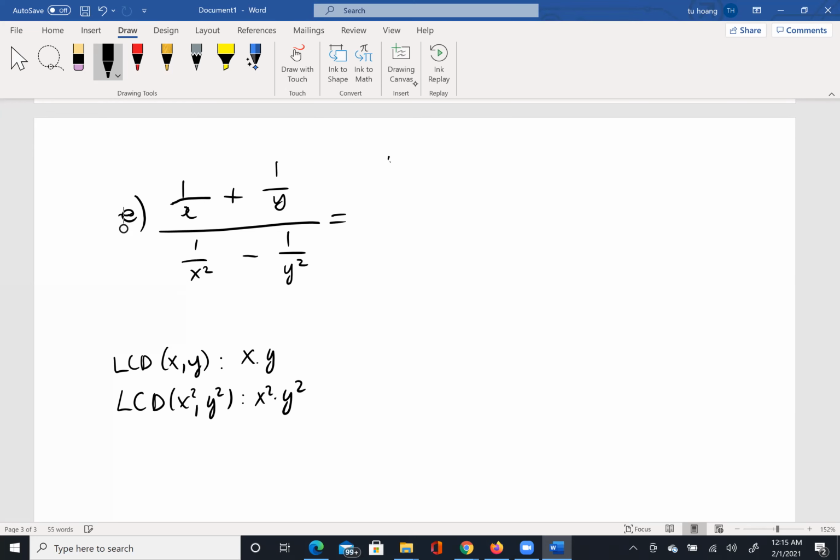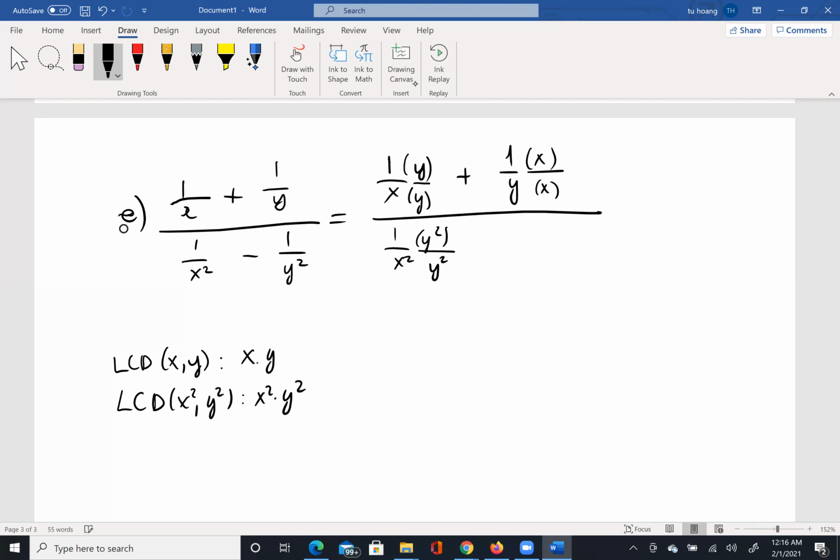For the top, we have 1 over x multiplied by y over y, plus 1 over y multiplied by x over x, and everything divided by 1 over x squared multiplied by y squared over y squared, and then minus 1 over y squared times x squared divided by x squared.